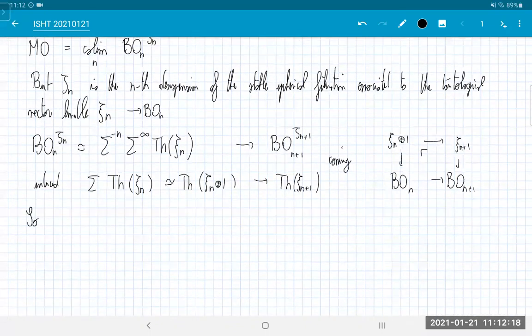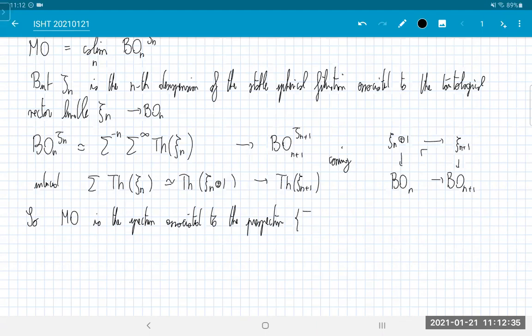So MO is the spectrum associated to the pre-spectrum Thom psi n. Because this is literally, by definition, it was colimit. The spectrum associated to a pre-spectrum is literally, sorry, minus n, is literally this colimit.